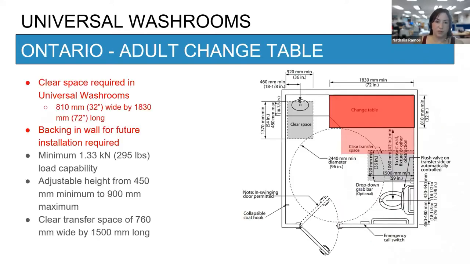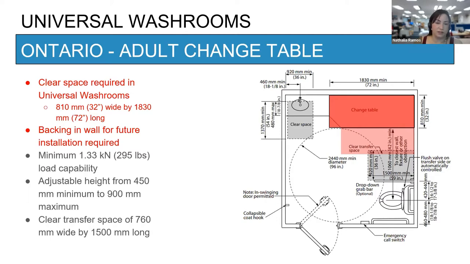For universal washrooms, specific here in Ontario, we all know that it is required to leave a space for an auto change table. So you have to leave a space of 32 inches wide by 72 inches long. You have to provide backing wall for future installation.